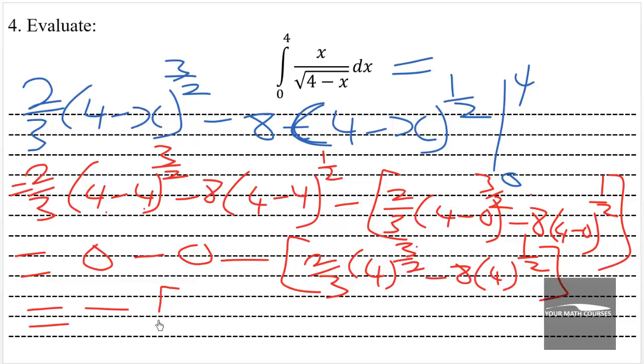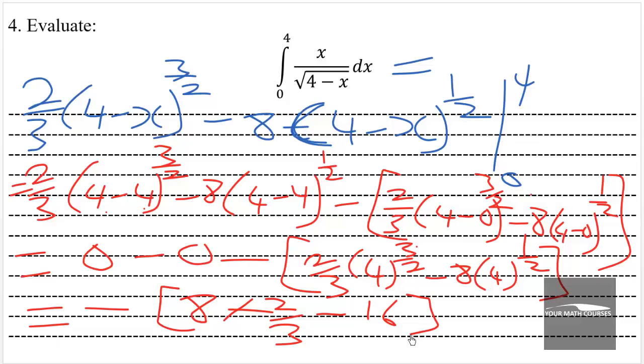So we have negative into bracket 8 times 2 over 3, then minus 8 times the square root of 4, which is 2, so 8 times 2 is 16.